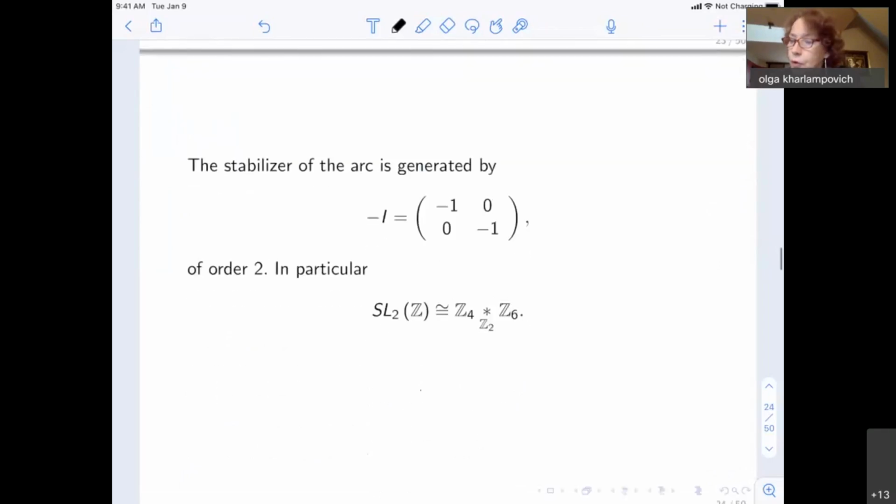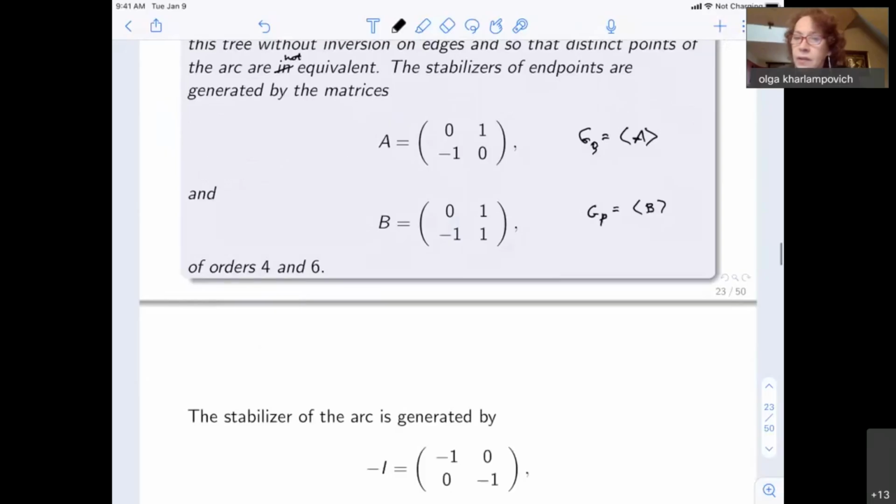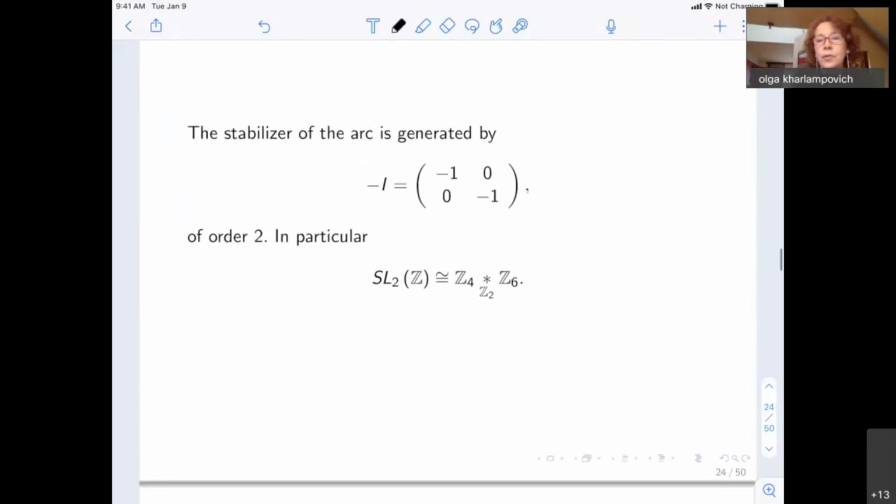So A generates a cyclic group of order 4, and B generates a cyclic group of order 6. The stabilizer of the edge is the intersection of the stabilizers of the end vertices. And so, according to the general theorem, SL2Z is isomorphic to the amalgamated product of Z4 and Z6 amalgamated over Z2, because the stabilizer of the arc is the intersection of these two subgroups. It is generated by this matrix and has order 2.